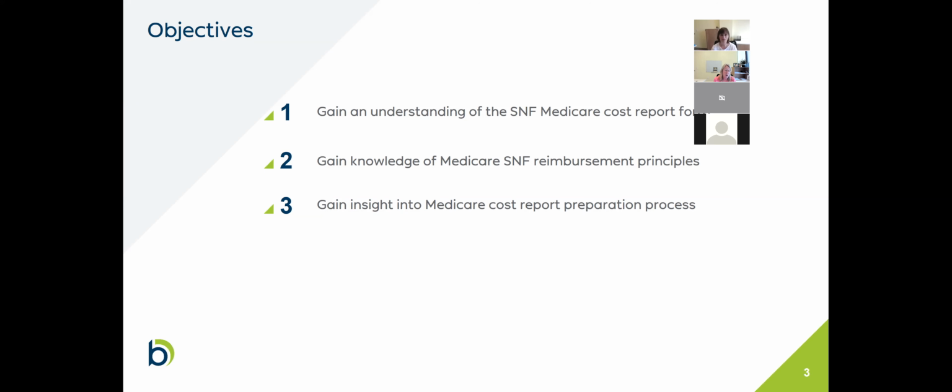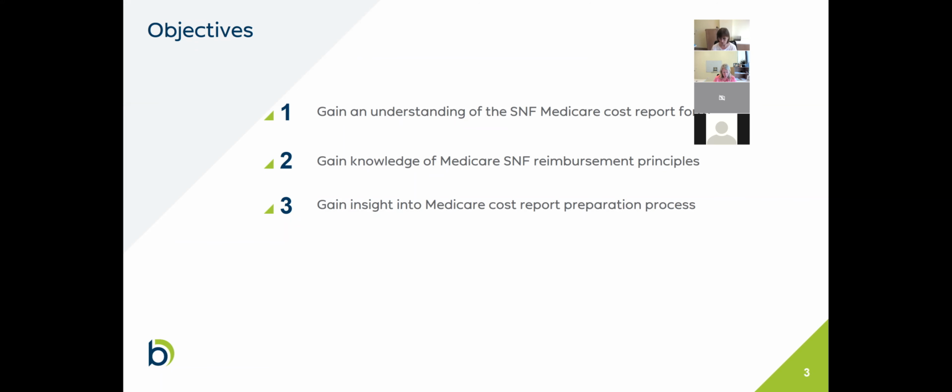And that goes from the processes that you folks have, from gathering all the data to preparing the time studies, working on your censuses, recording your expenses, all the way through pulling it together into that final form. So it's quite an undertaking to get the Medicare cost report done. And it's certainly one of those things you don't want to spend extra time on. So anything you can do to be more efficient and effective in preparing the cost report will be helpful.